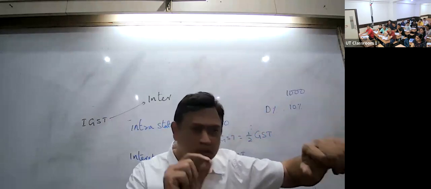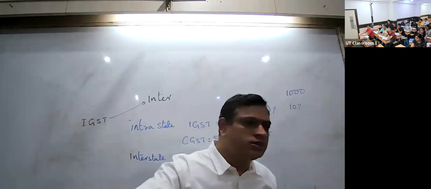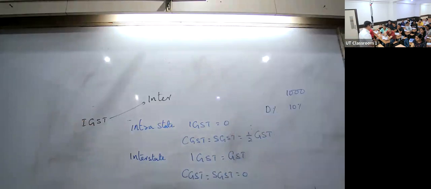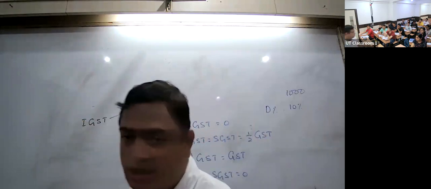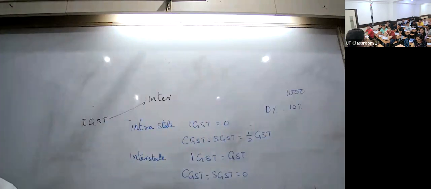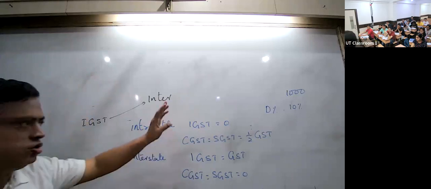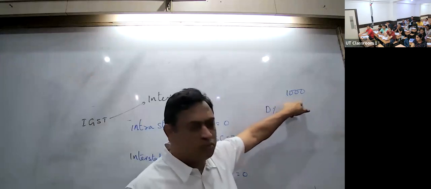So don't think that the amount of the bill is just 200. Always remember, selling price plus GST. What is selling price? List price minus discount. Are you following? For example, come once again.